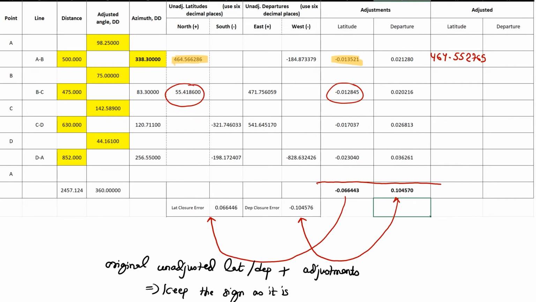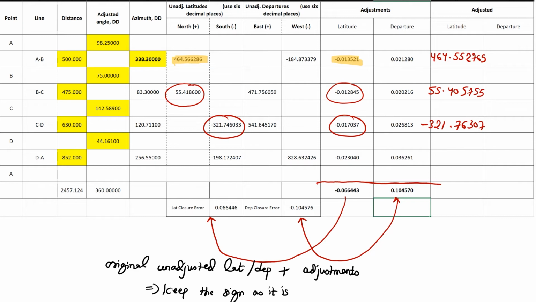Do that and you get 55.405755. Again, take this and subtract this. So minus 321.746033 minus 0.017037. So it becomes negative 321.763070.